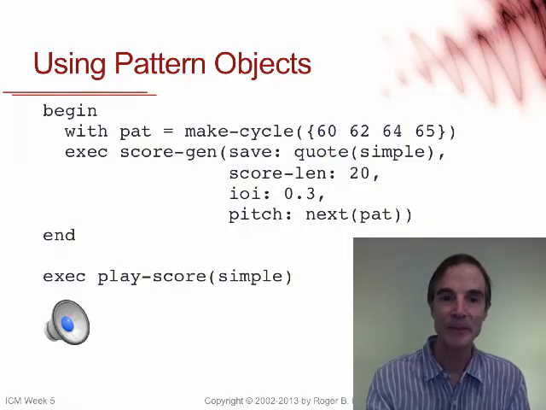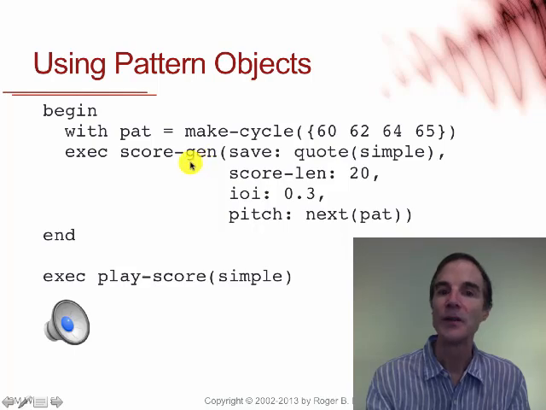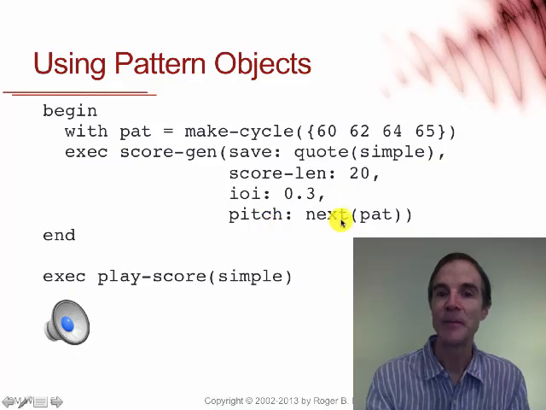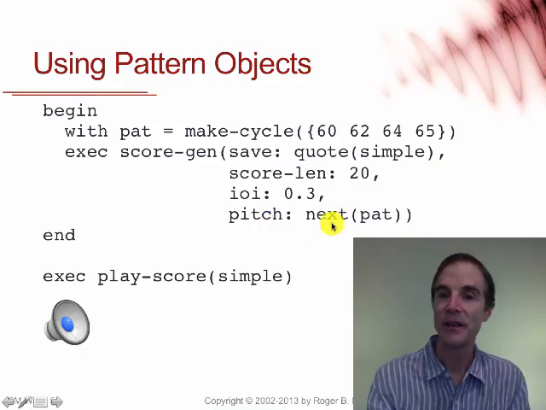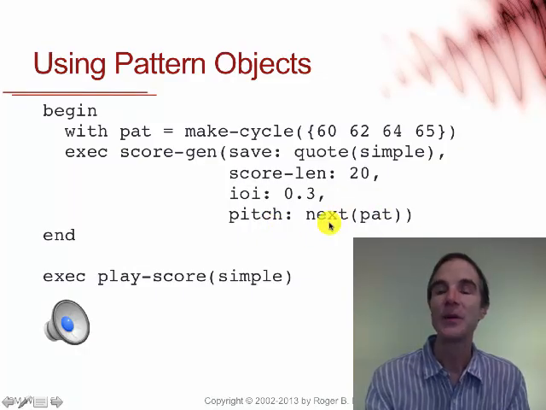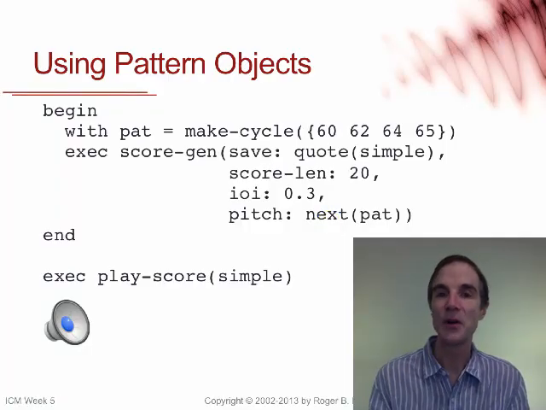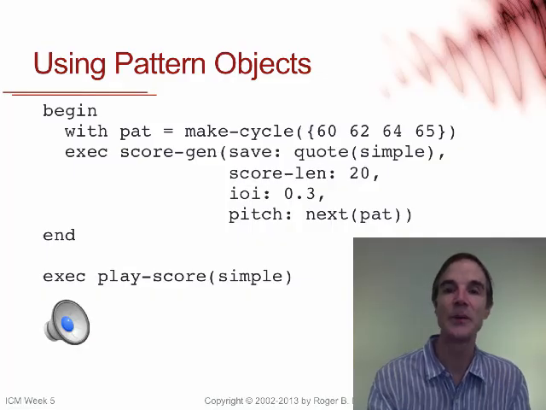So that's our pattern. To use the pattern, we're going to make a call to score-gen. And the important thing here is that the pitch parameter that we're passing into score-gen is the expression next of pat. So next is a function that applies to all patterns that extracts the next value from the pattern sequence.